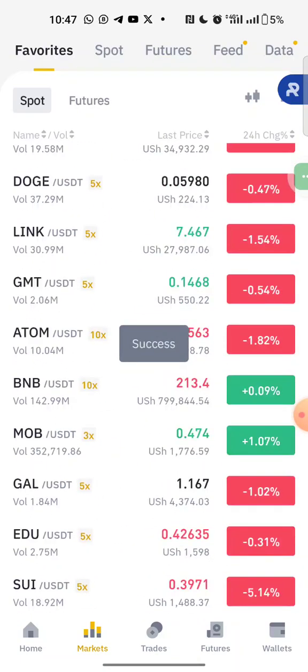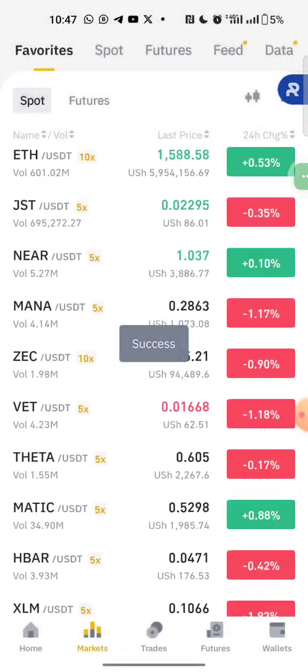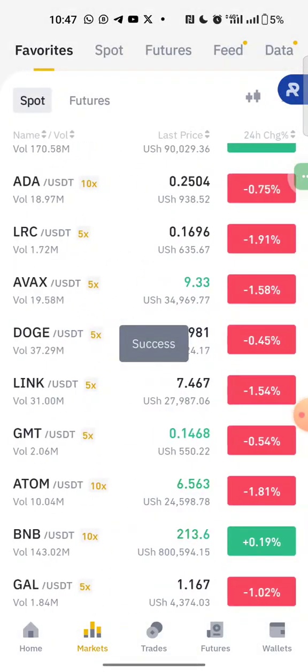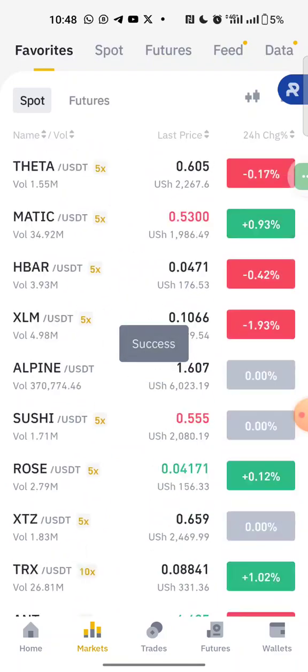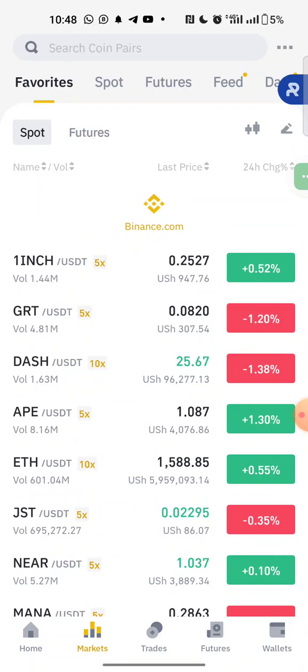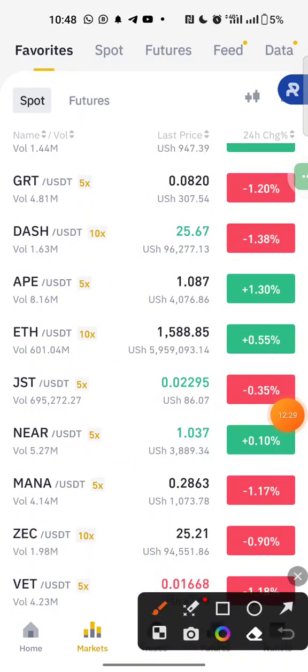Okay, now after you have created your list, I'm just removing some coins that are not those pairs. So after you have created your list, this is your list of coins in Royalq. The second thing you are going to be able to do is to change on percentage change.